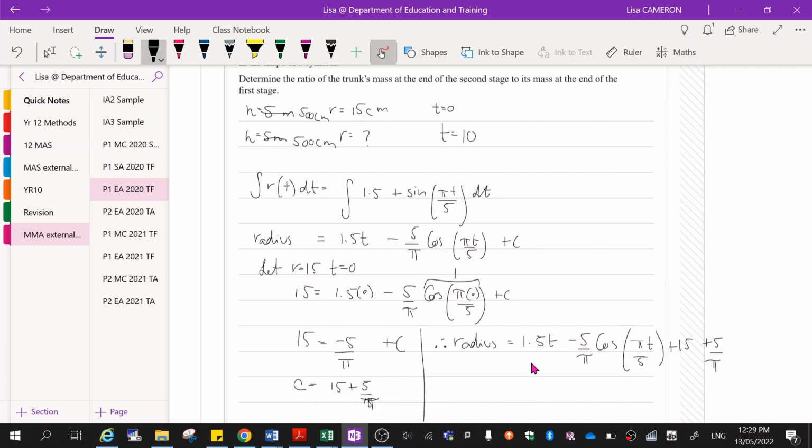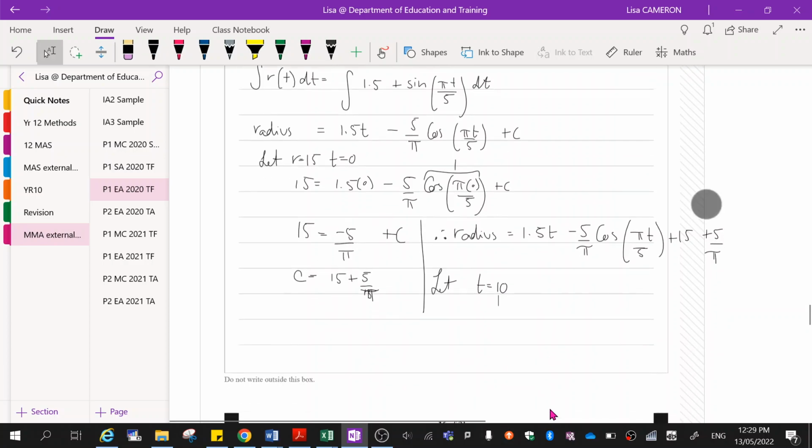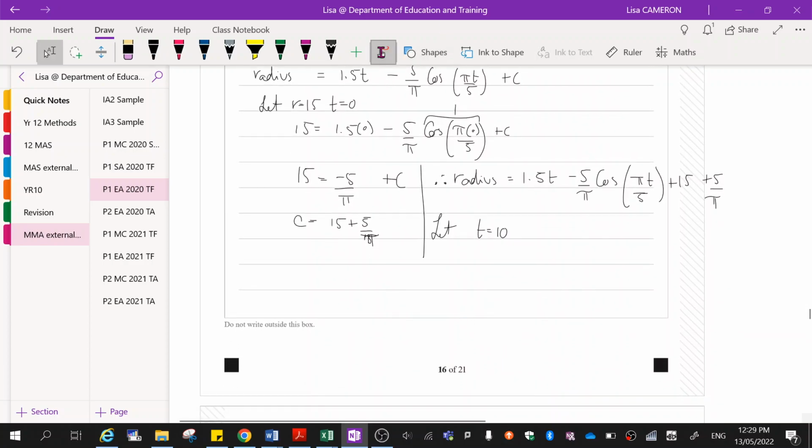Now I've got an equation for the radius and I've got a time, so I can just put it in. We're going to let t equal 10. 1.5 times 10 makes 15, minus 5 on pi.